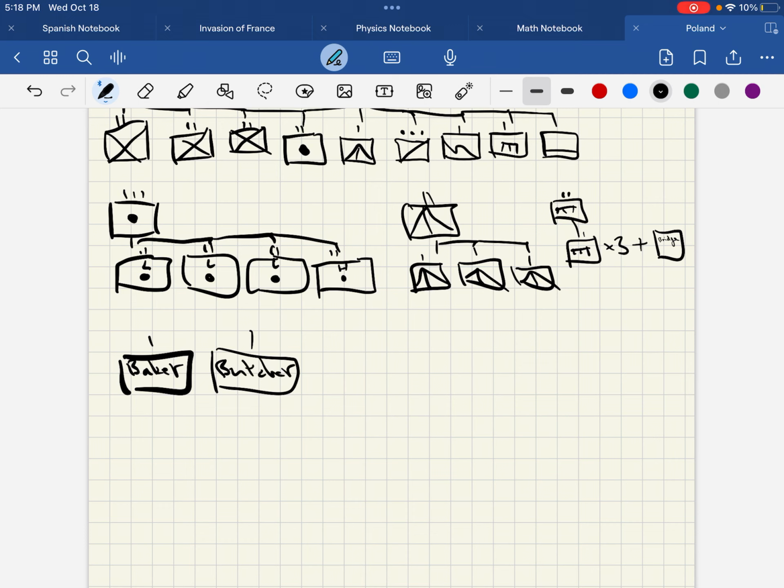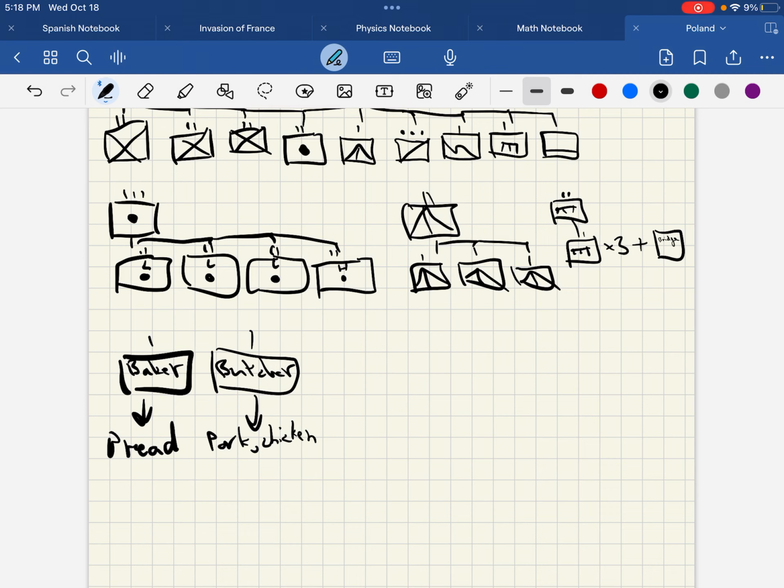And as you can probably guess, bakers made bread, and butchers made meat. Usually it was pork. Sometimes they had chicken. They almost never had beef though. They had a lot of pork, at least in the German army. And these were the ones that provided food for the entire division.